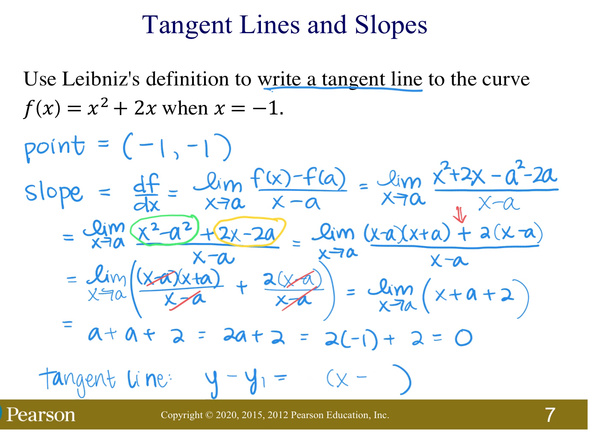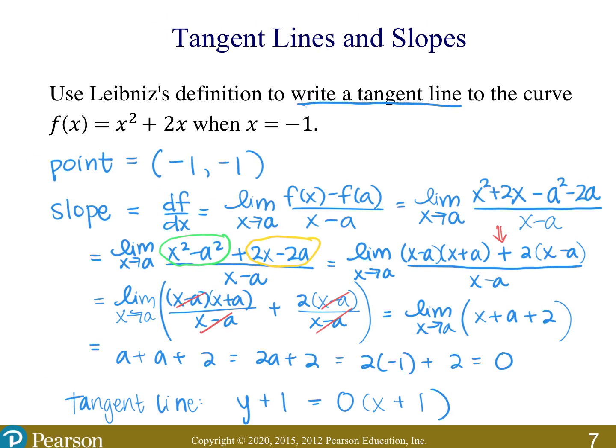So if we replace all of these, we will end up with y plus 1 equals 0 times x plus 1. You do not need to clean that up. You do not need to distribute. You don't need to do anything. You could just leave it like that. You may clean this up if you like, but you don't need to. All right, any questions on that?